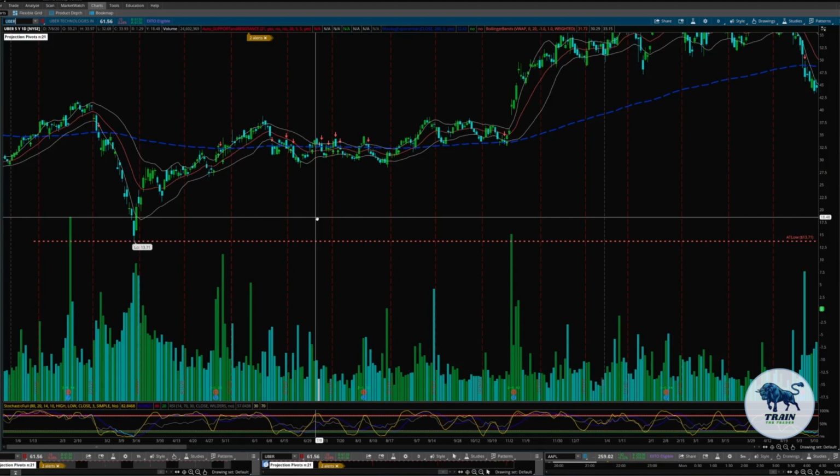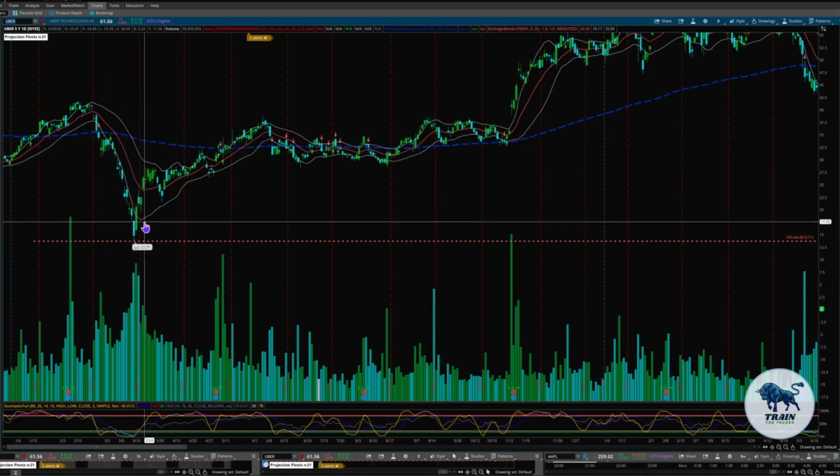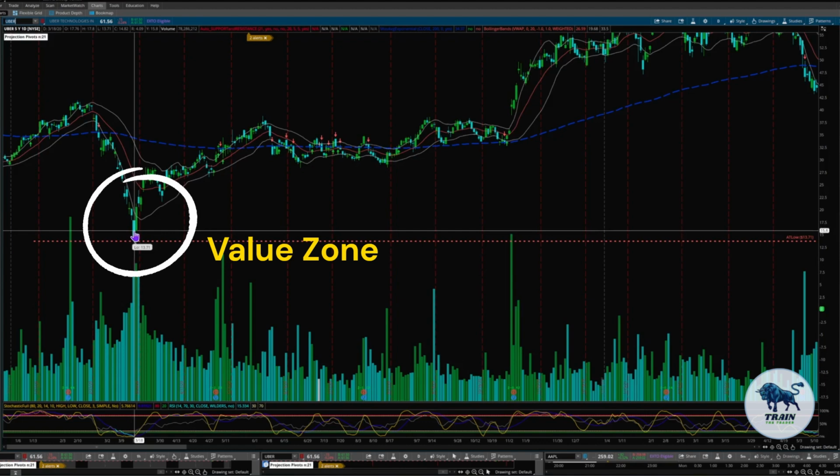So, with that simple basic knowledge and the 200 EMA plotted on your chart, if you have a price underneath the 200, so if this is my 200, price is here, that is well beneath the 200 EMA. These are major value zones for strong, fundamentally strong companies.